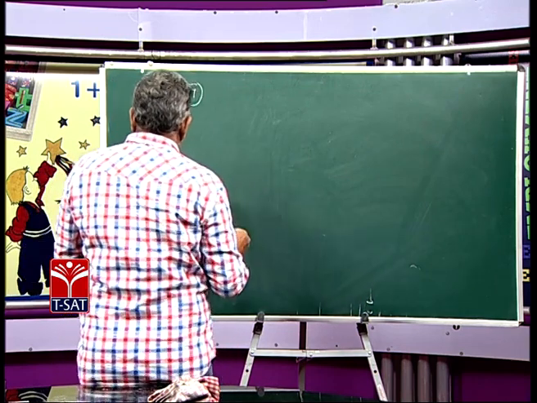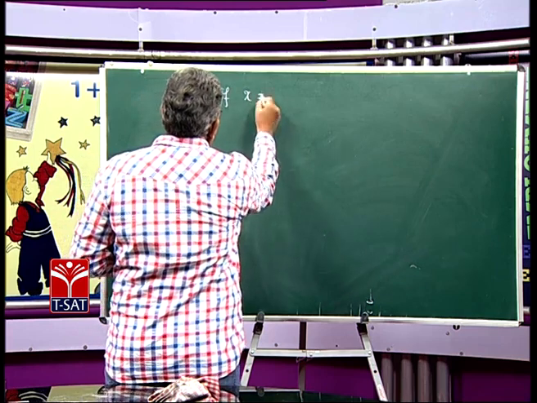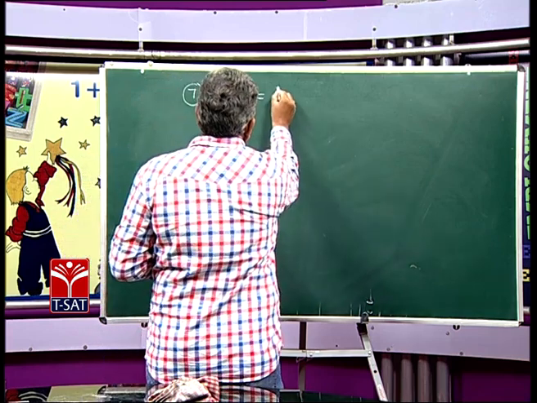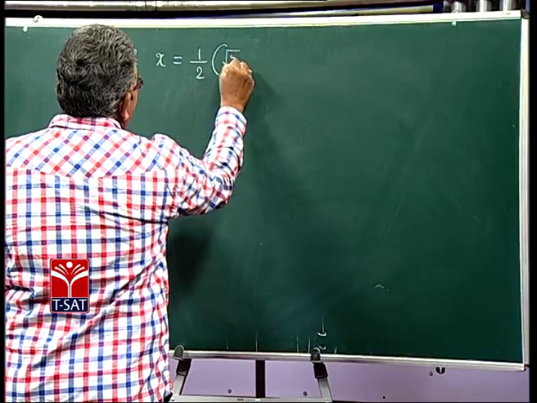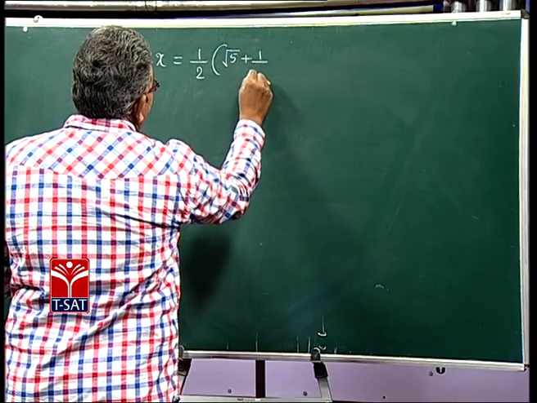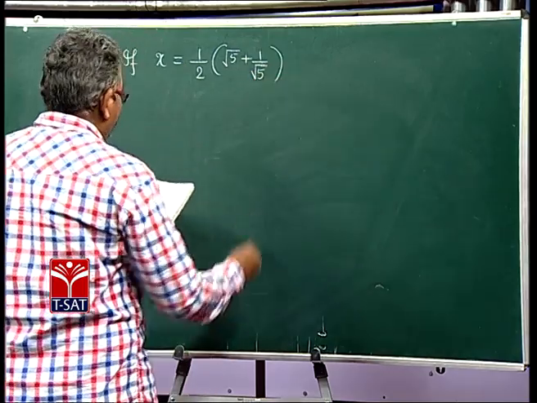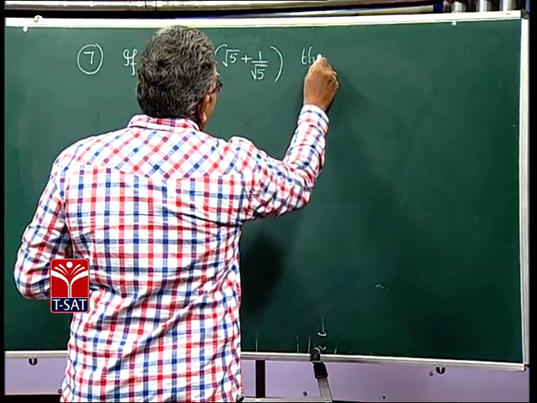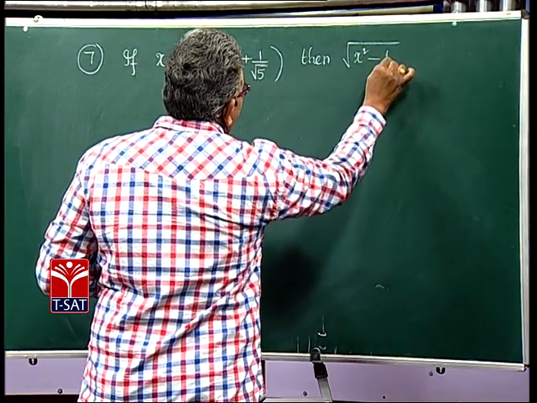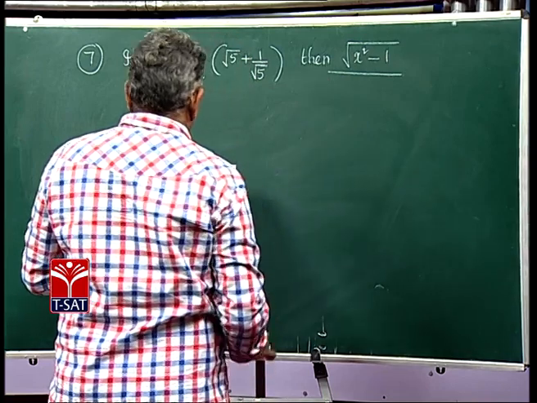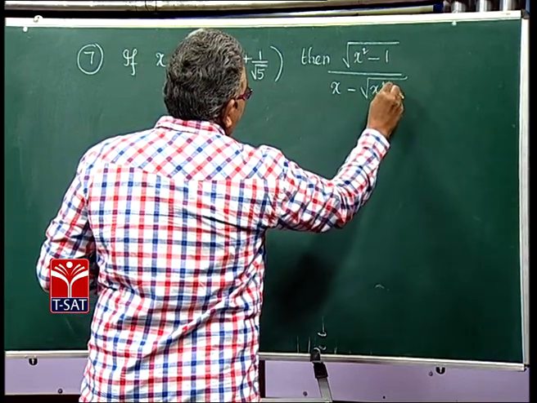7th one. If x is equal to 1 by 2 into root 5 plus 1 by root 5, then root of x square minus 1 by x minus root of x square minus 1.